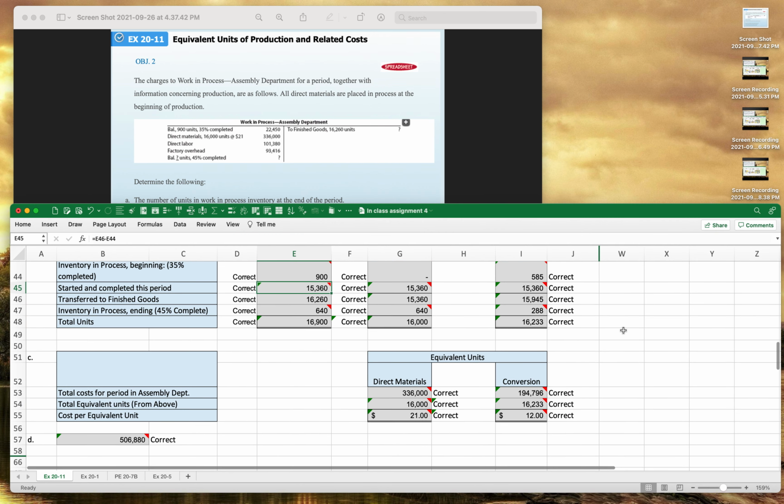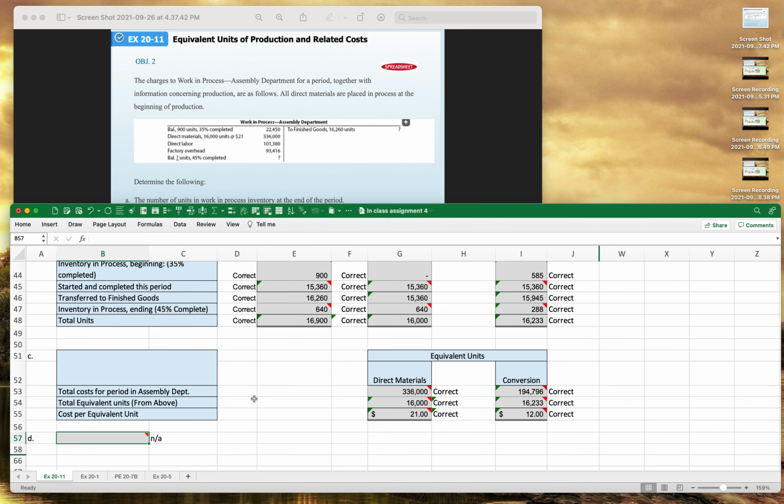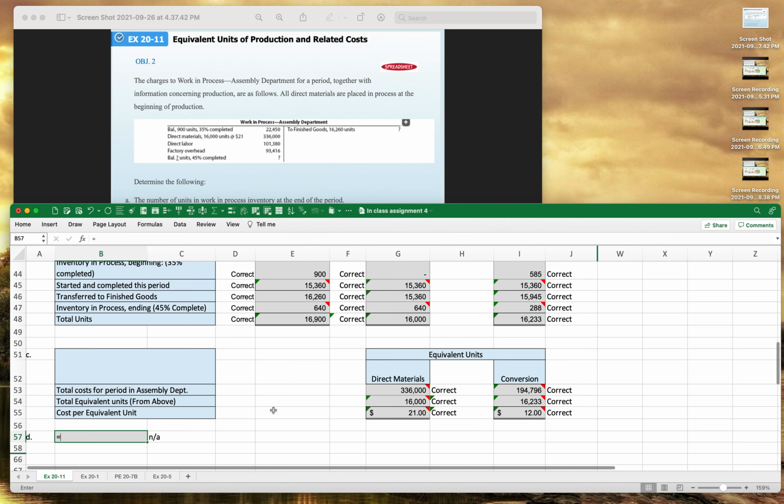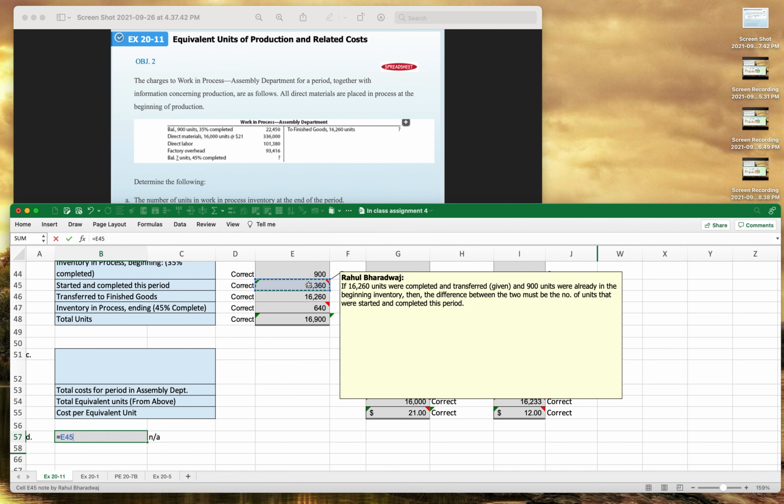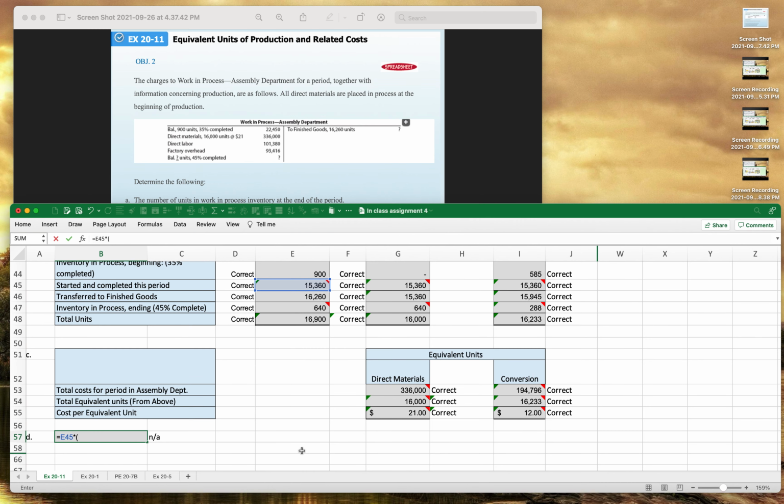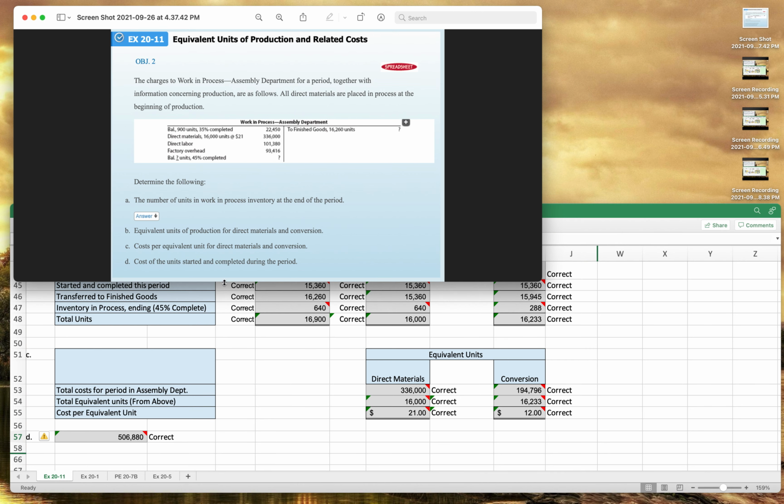Now we know that there are 15,360 units, and the direct material cost per unit was $21, and the conversion cost per unit was $12. And so the total cost of production was $506,880 in this period for units that were started and completed during the period.